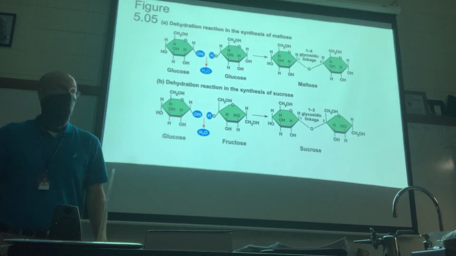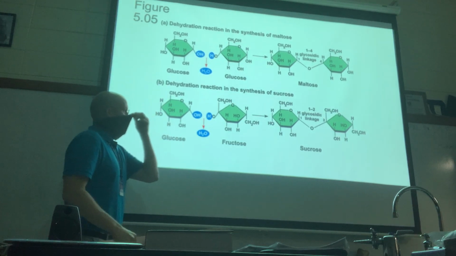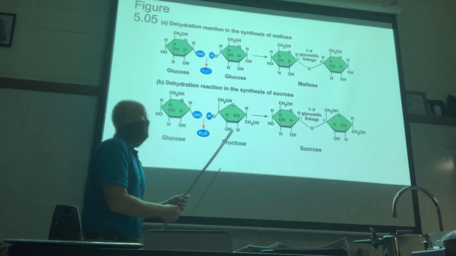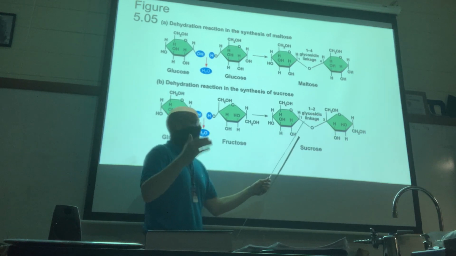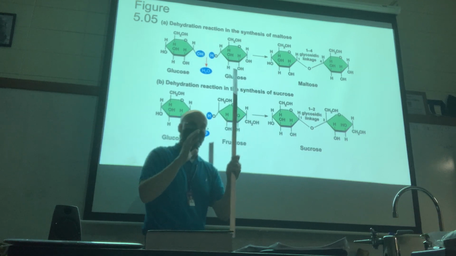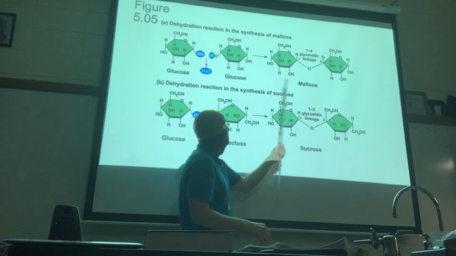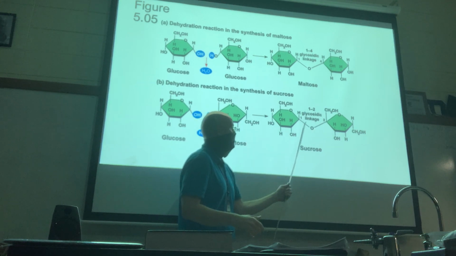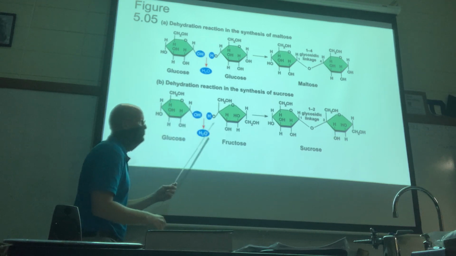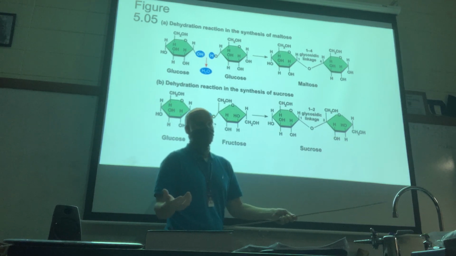Good. What is the glycosidic linkage? Great question. I've been on the fence about talking about this. When you have smaller units combined into larger ones, especially with this dehydration reaction where you're creating a new bond by removing water, usually those bonds are given names.